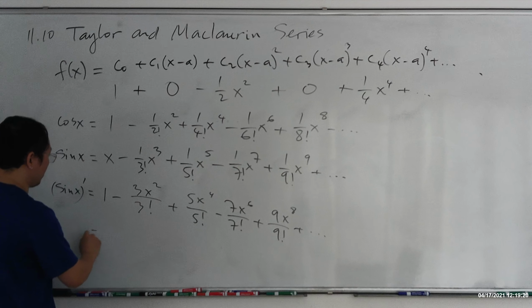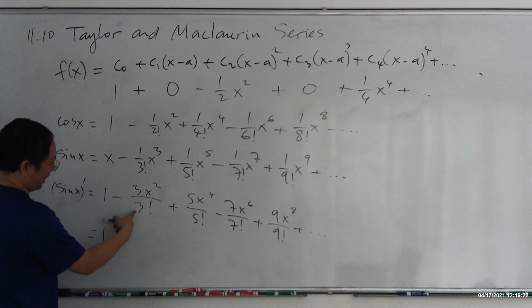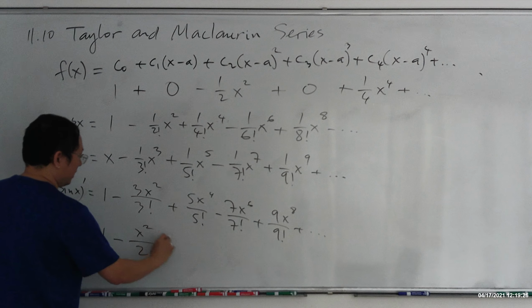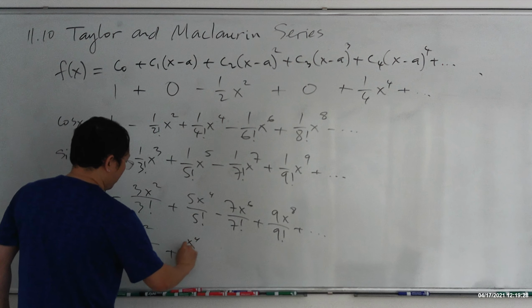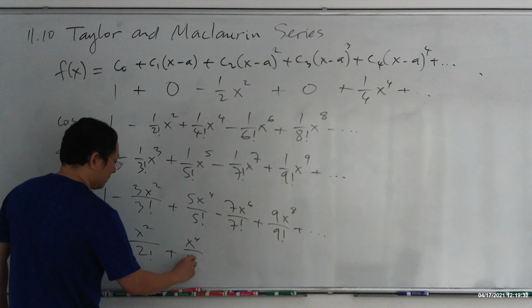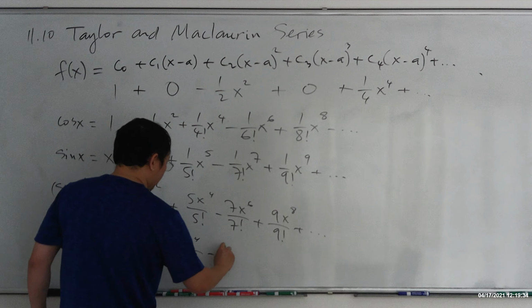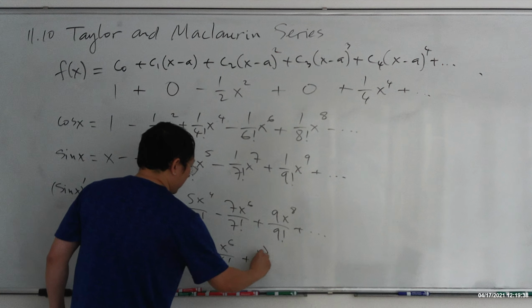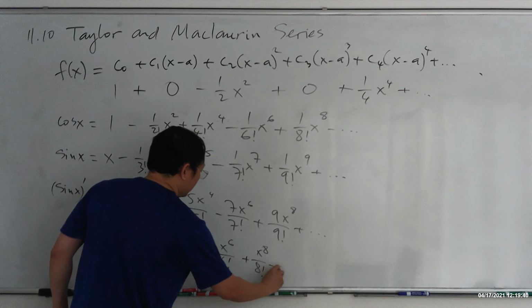And that simplifies to 1 minus x squared over 2 factorial, since you cancel the 3, plus x to the 4th over 4 factorial minus x to the 6th over 6 factorial plus x to the 8th over 8 factorial minus and so forth.